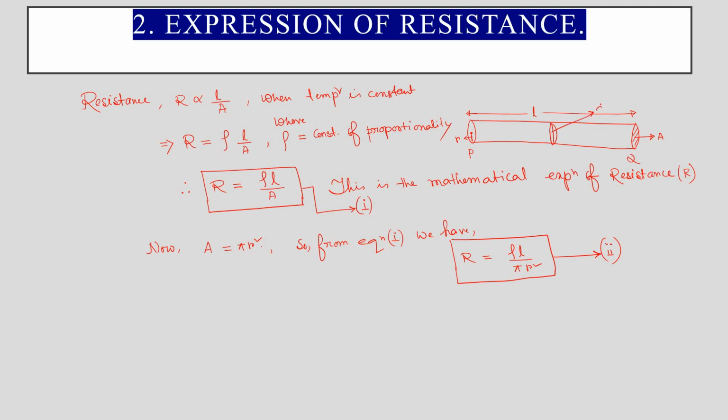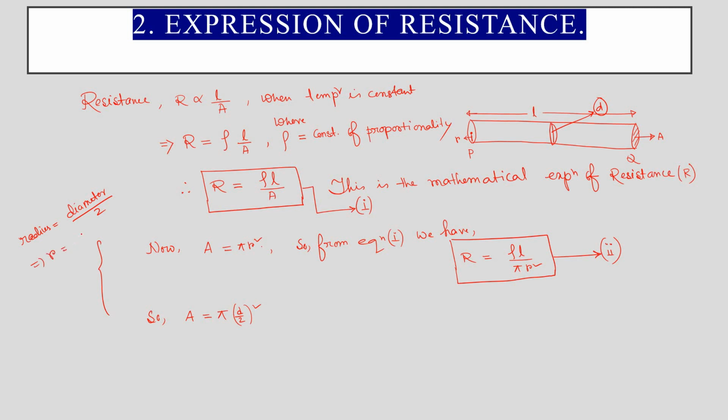Suppose the diameter is D. Okay, so area of cross section can be expressed as pi D by 2 whole square, because, as you know, the relation between diameter and radius is radius equal to diameter divided by 2.